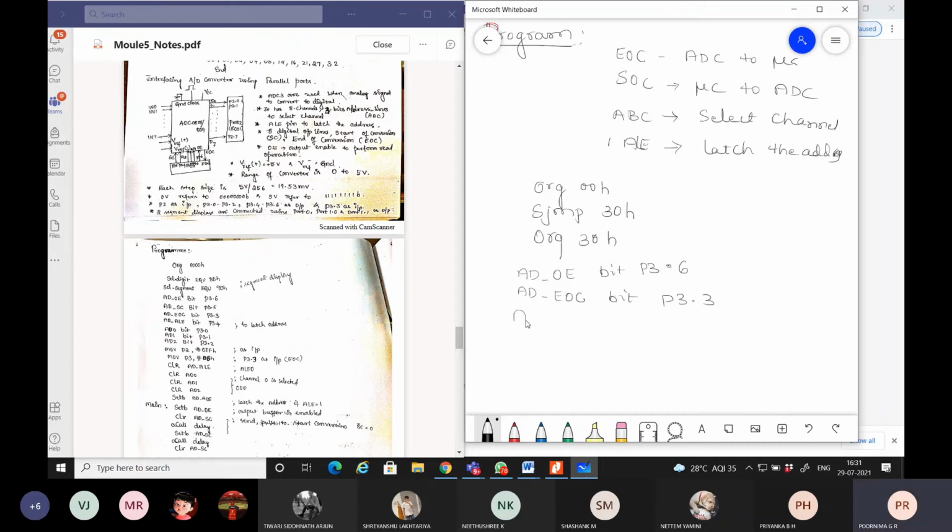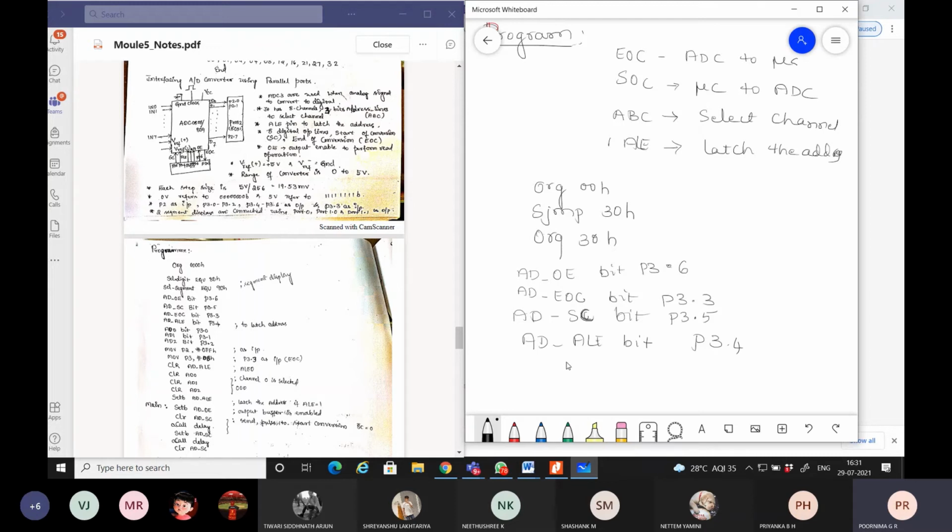Then AD SOC, or start of conversion, or SC also you can take, bit P3.5. Then AD ALE. These are the pin assignments we are doing for 8051 pins, P3.4.